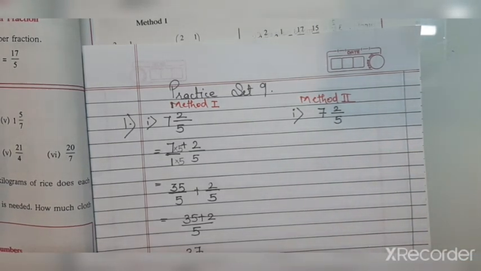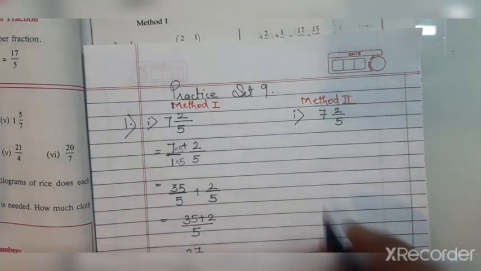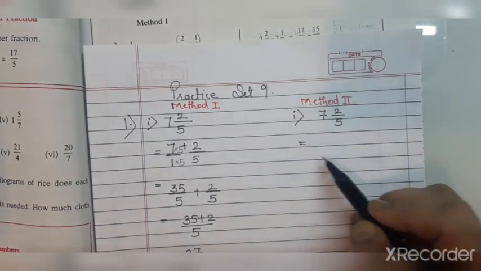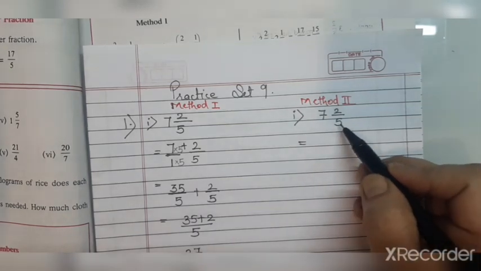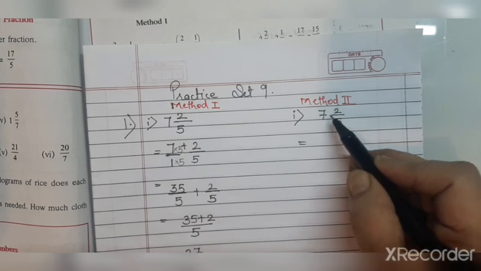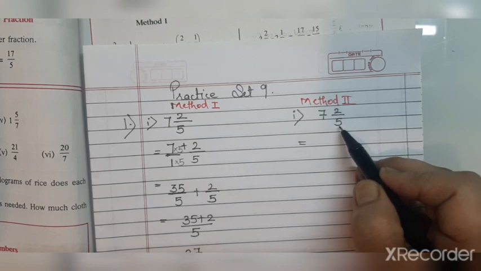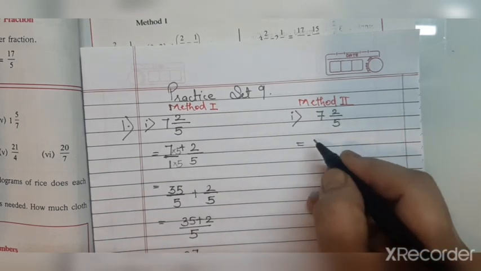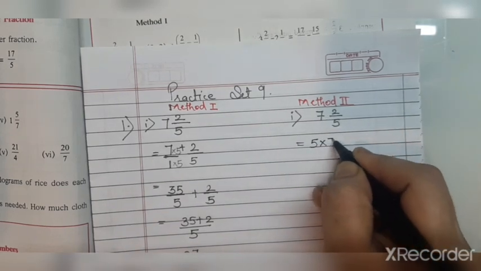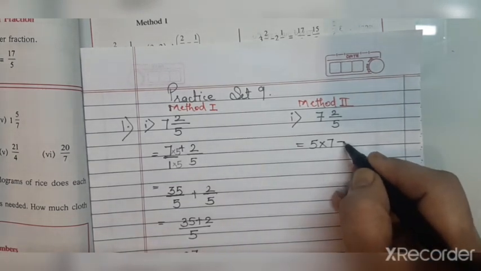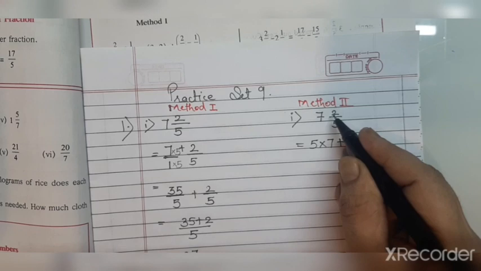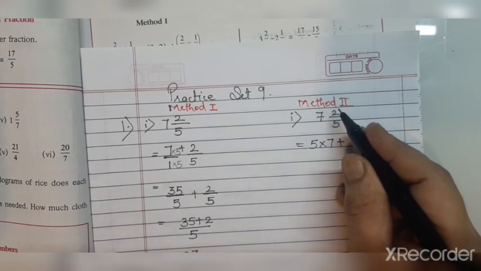Now the second method is, when you have this mixed fraction, we have to multiply the denominator of the fraction with the whole number. So 5 multiplied by 7. And then we have to add the numerator of the fraction.